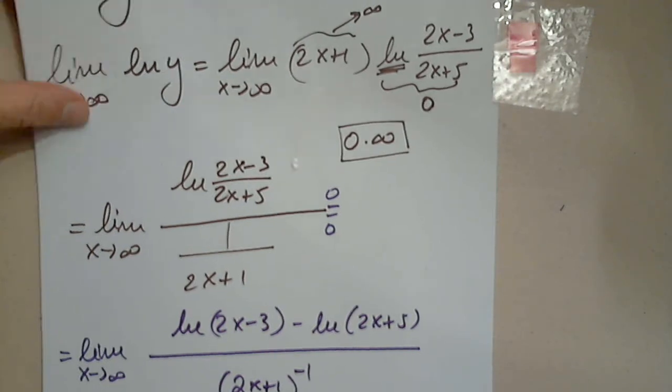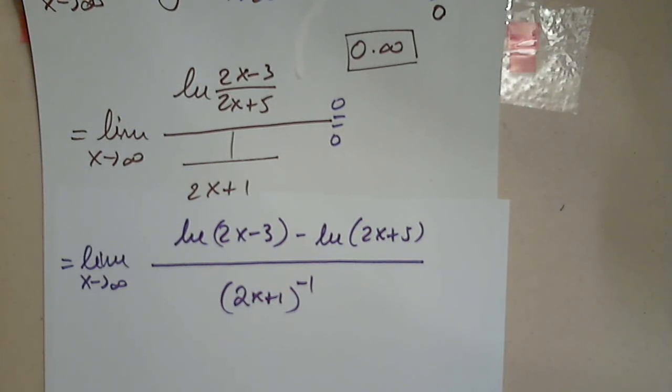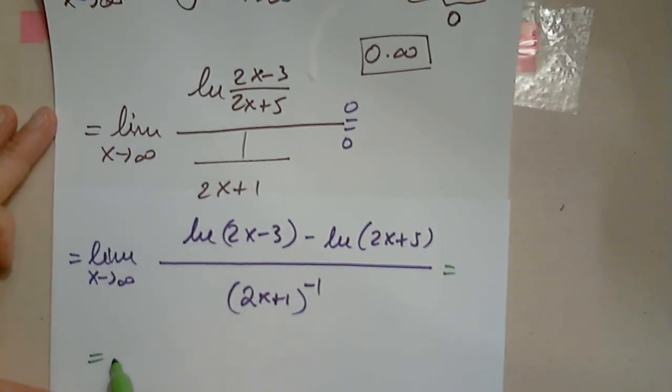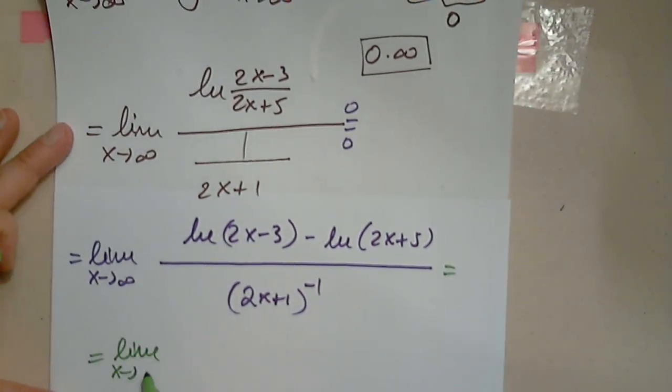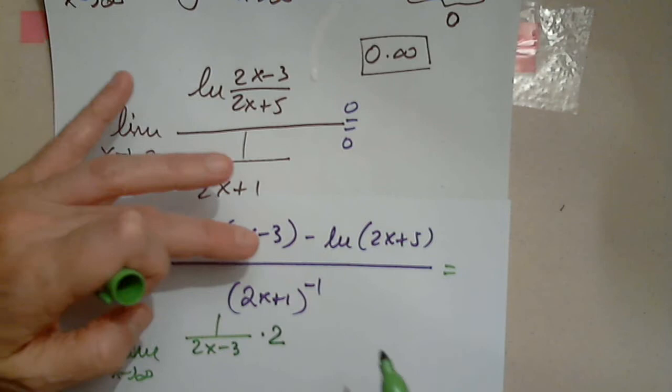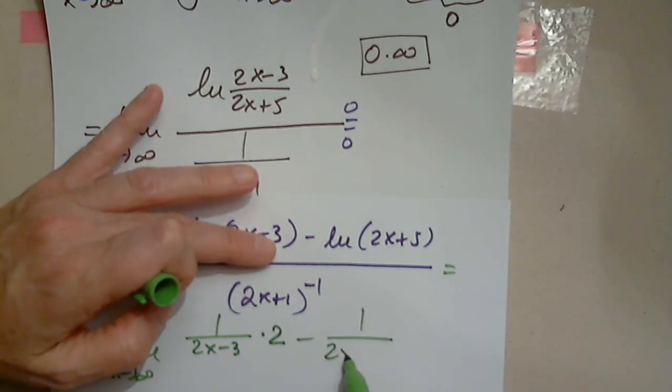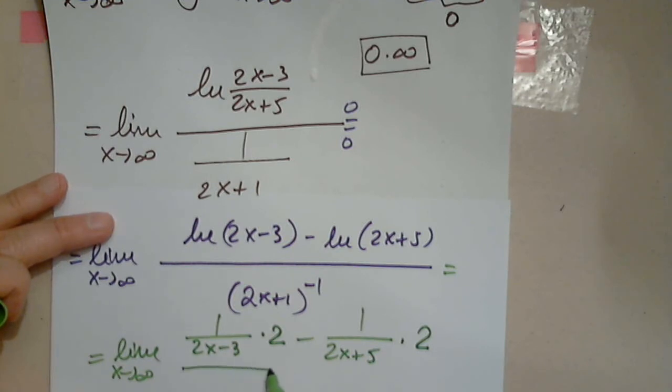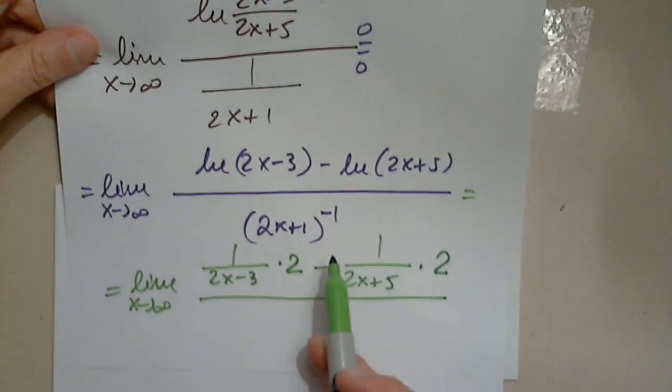So I'll differentiate the top now. And I get 1 over 2x minus 3 times the inner function prime minus 1 over 2x plus 5 times the inner function prime. And careful now, careful, careful.